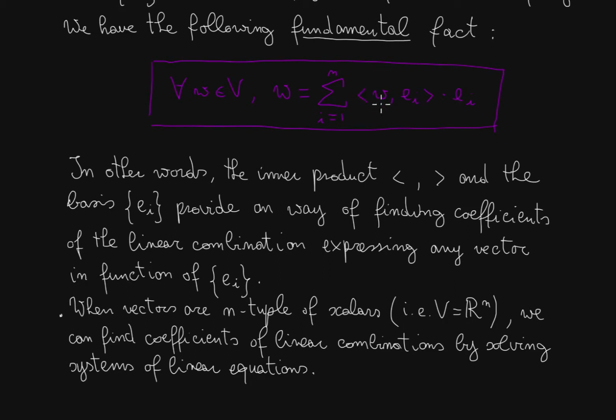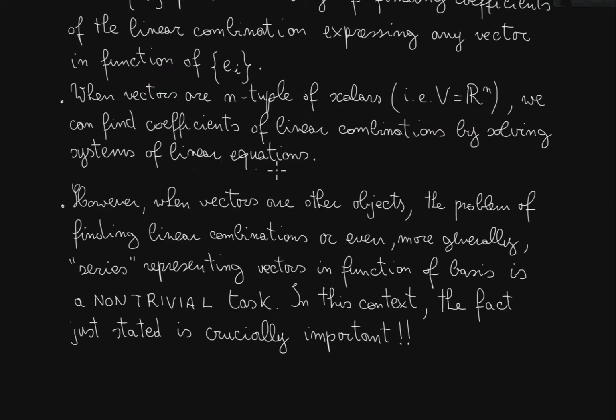However, if we have an inner product on our vector space, we can solve the problem much more easily by means of this equality that we have written here. When vectors are other objects, the problem of finding linear combinations, or even more generally series representing vectors in terms of a basis, is a non-trivial task. In this context, the fact just stated is crucially important.